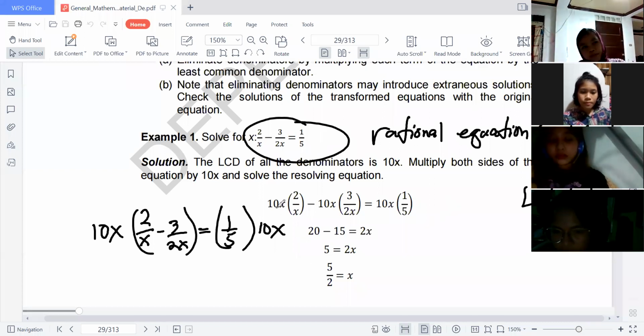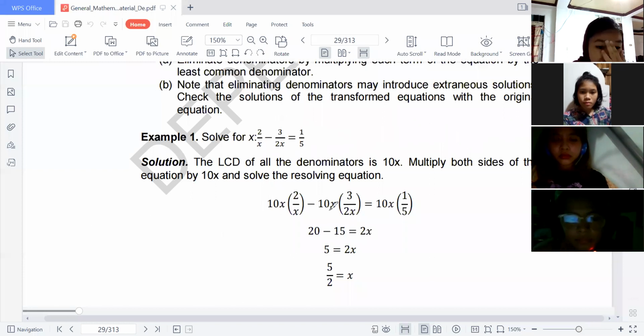Clear? That's why we use 10x on each side. It is multiplied by 10x on both sides. And if you distribute this, you get this result. Did you see? This is the result.